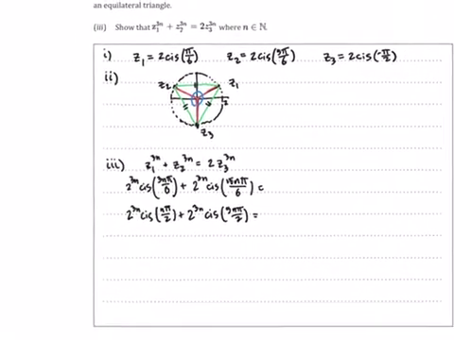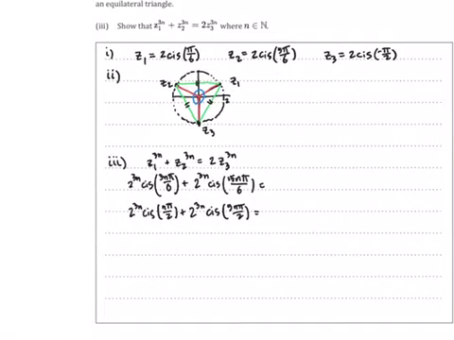And now this is kind of cool, but maybe you're not as thrilled with this as I am. Those are coterminal. Therefore, I would then have 2 to the 3n cis n pi over 2 twice. All right, I've got 2 of them.